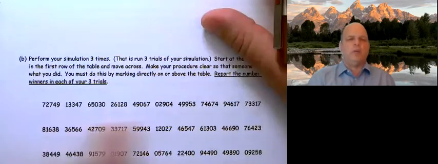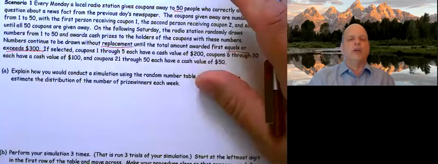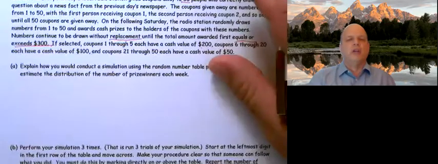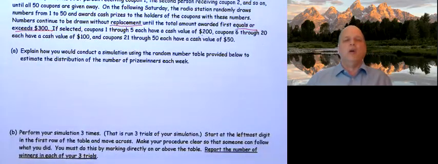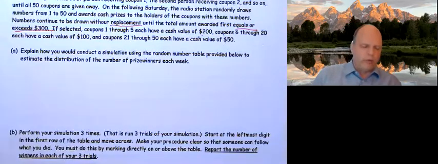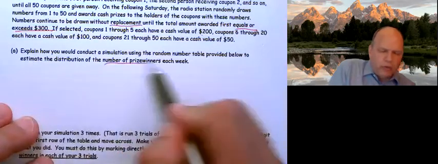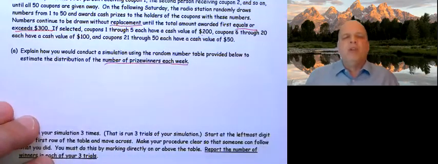So we're going to use this table and learn how to actually conduct the simulation using that. Well, one of the very first things I need to know is, what's the question? They want to know how many prize winners. That's what they're looking for, the number of prize winners. But we stop. So how many prize winners do we take?